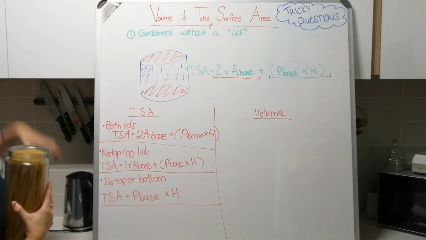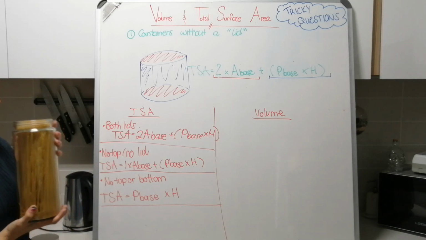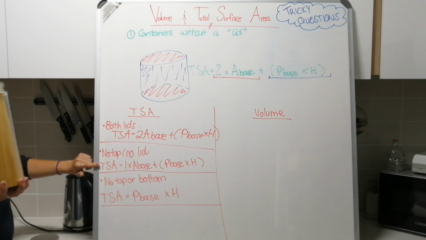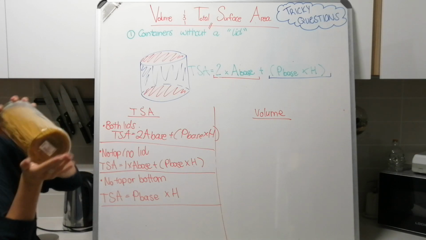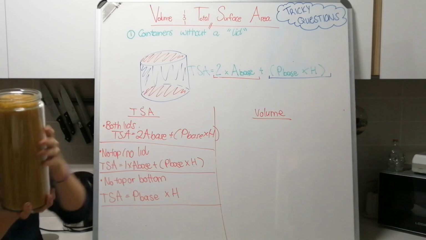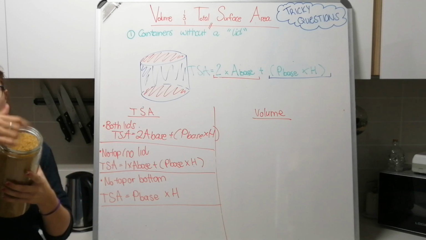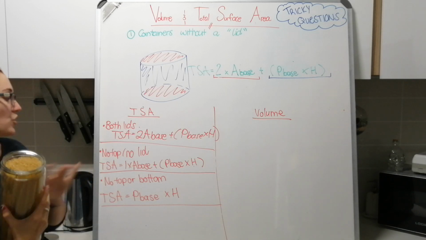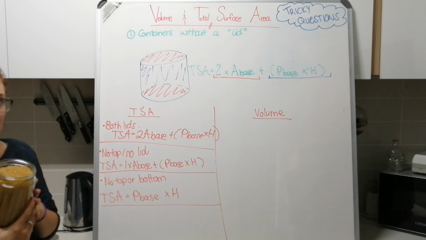Okay, but as soon as I remove my lid, I'm now only going to look at the second formula. I'm interested in the area of the bottom and the area of the walls, but there's no top anymore. So I don't include the area of the top, which is why it's 1 times area of base.